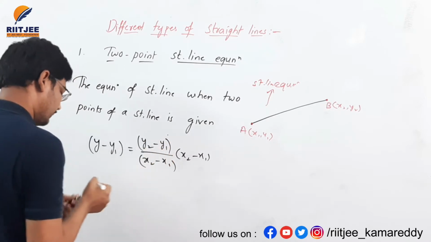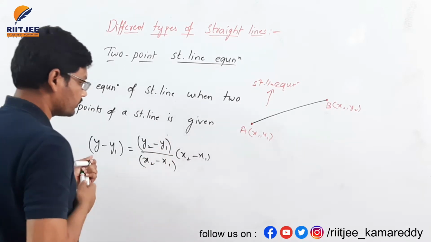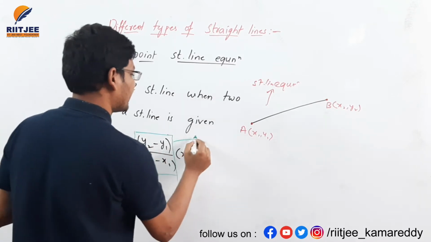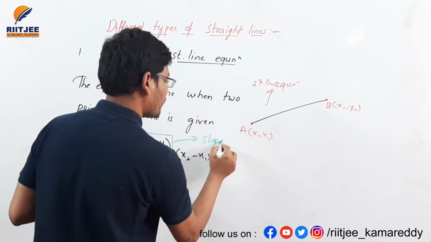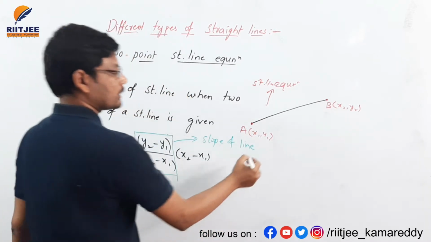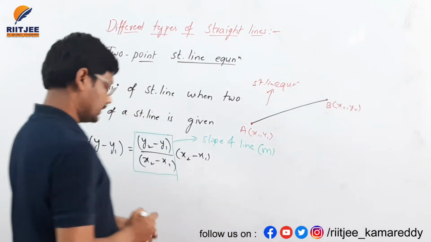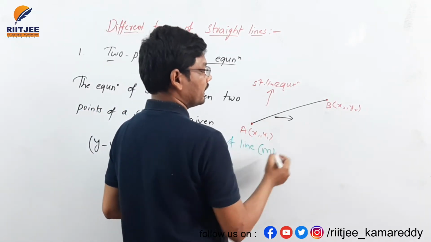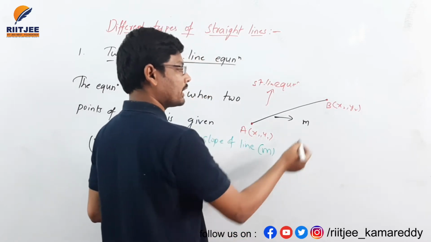Here this part is nothing but the slope of a line. Slope is denoted by small m here.